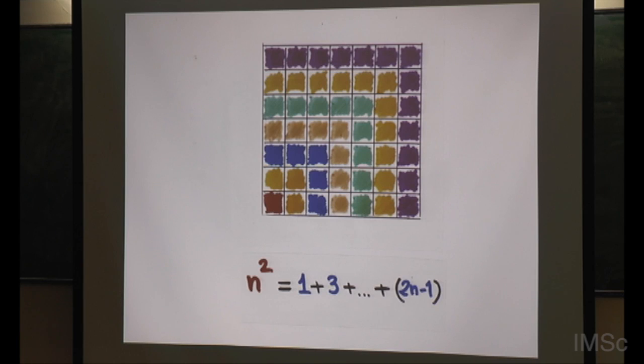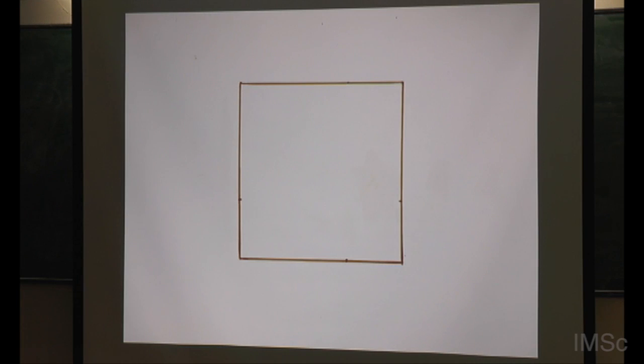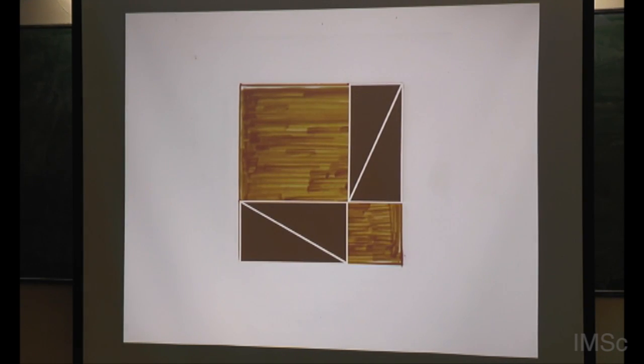Many proofs in the Greek time were done like this, as visual proofs, like the Pythagoras theorem. You take a rectangle. Let's give the proof without words. Just look at what I am doing.